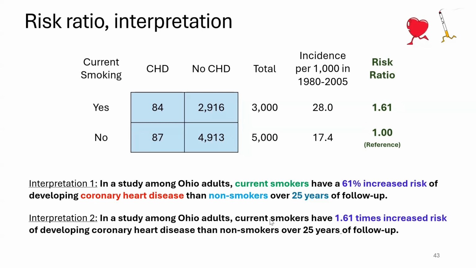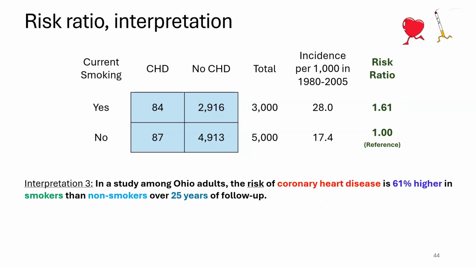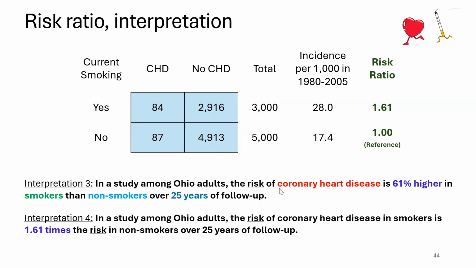So you could also interpret this as those who currently smoke have 1.6 times increased risk of developing coronary heart disease. You can also say something like the risk of coronary heart disease is 61% higher. You can also say that they have 1.6 times the risk compared to non-smokers.